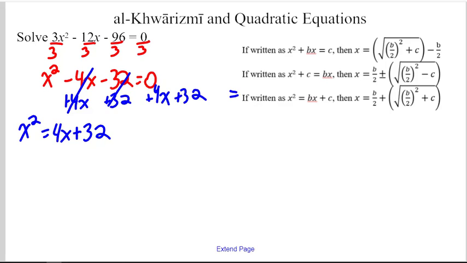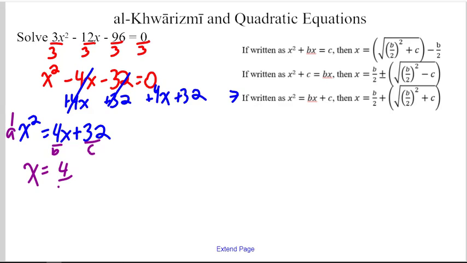If I look, that follows one of the 6 foundational rules that he had. So let's substitute them in to solve this quadratic equation. So x will equal b over 2. So I have a is 1, b is 4, and c is 32.